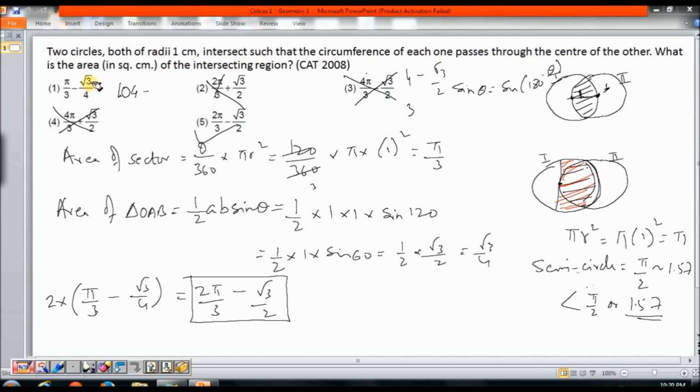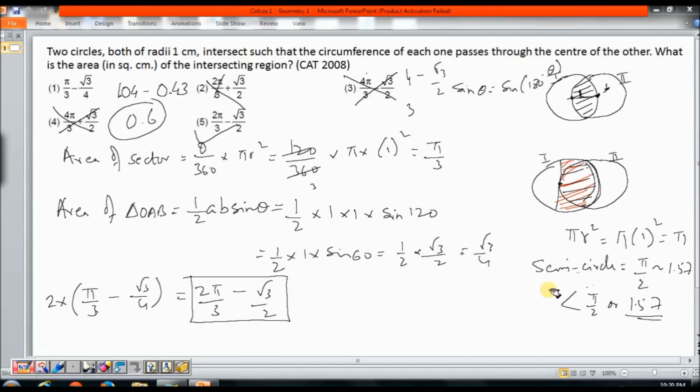And root 3 by 4. Root 3 is around 1.73. So 1.73 divided by 4 will be around 0.43. So this will come out to be around 0.6. Option number 1 comes out to be around 0.6.